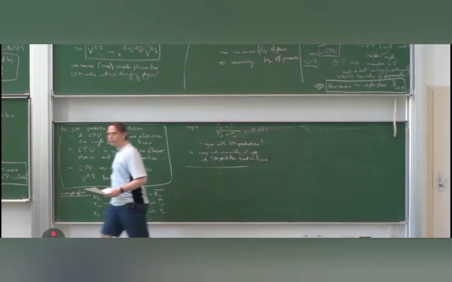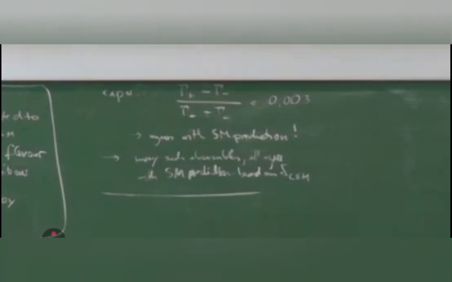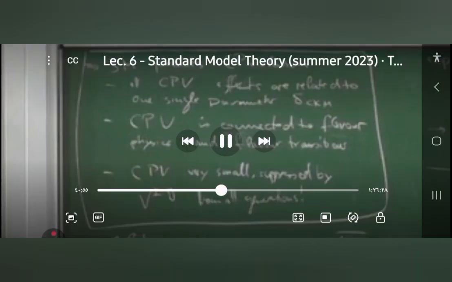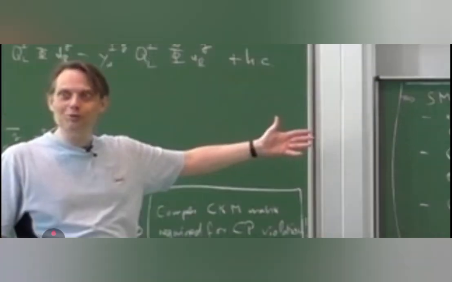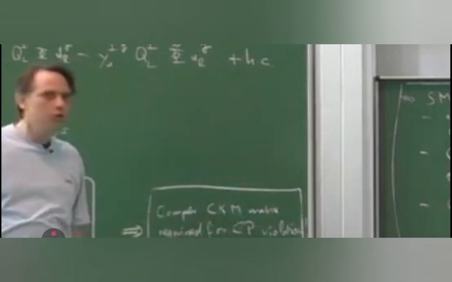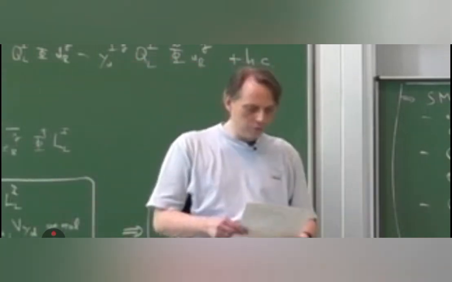Okay, so that is a great success of the standard model, and in a way it's one additional miracle that we have exactly the number of generations in our quarks which are needed to get CP violation. We do not have more than the bare minimum that is necessary, but we have exactly the minimum number of generations which can give CP violation, and we do have CP violation, and the prediction agrees exactly with data.